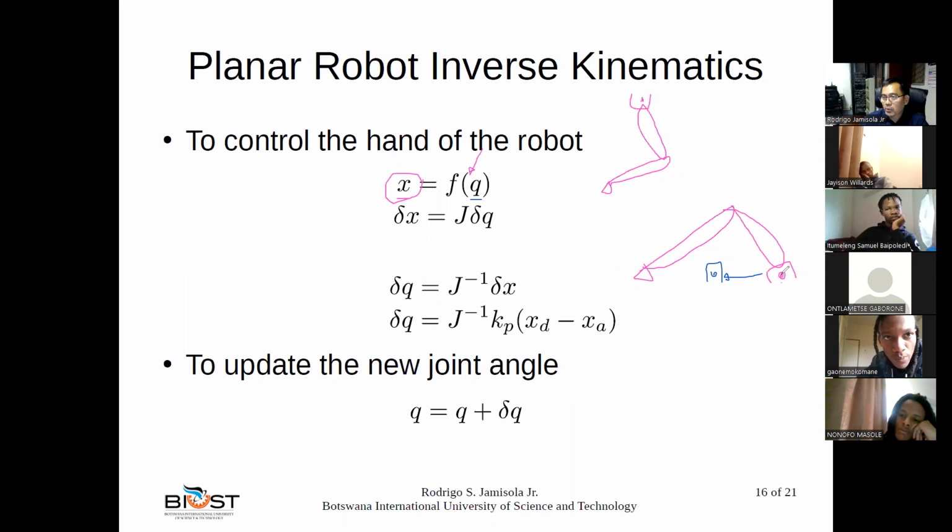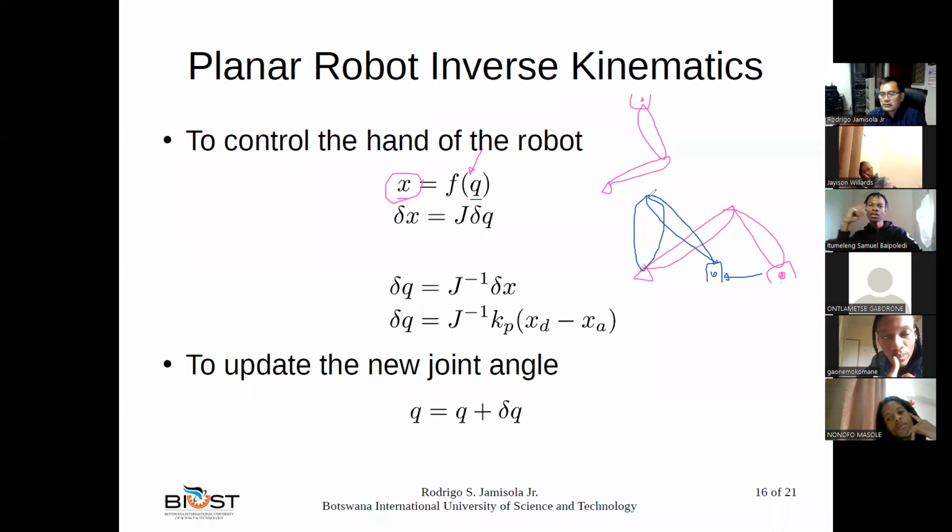That is what we want. We want to specify that to the robot, then the robot will compute what joint values it will need. So maybe you will move here and you will move there.